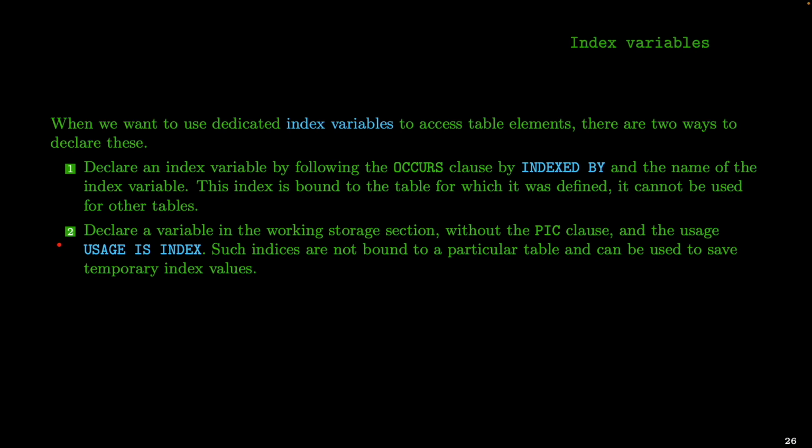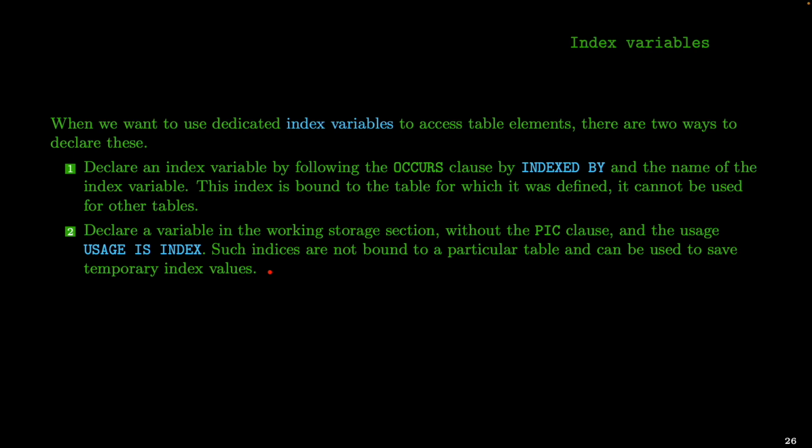And the second way is to declare a variable in the working storage section without a picture clause. And the usage will be usage is index. So then we have, if you want, a generic index variable that we can use for any table we like.